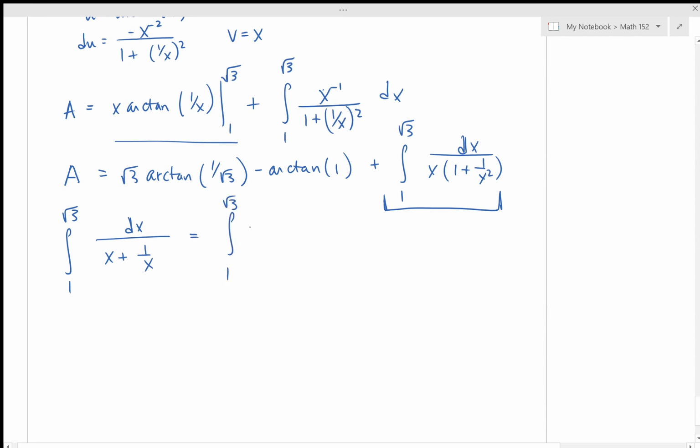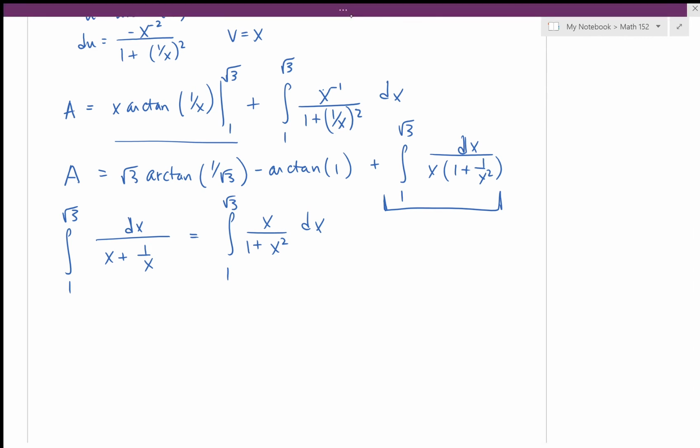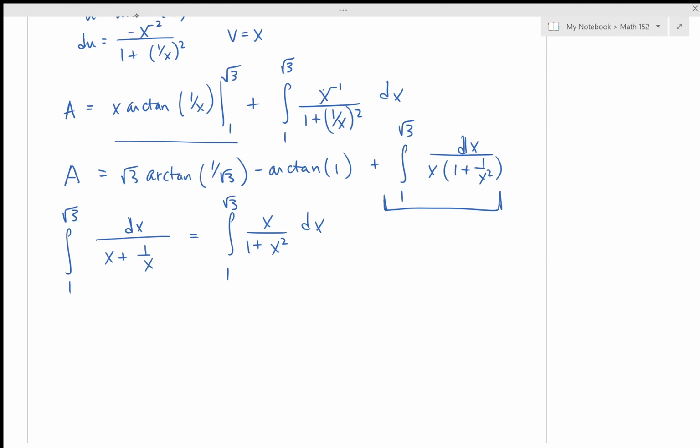I'm going to rewrite this as x over 1 plus x squared dx. Okay, so this is just fraction manipulation. Now I'm not completely done quickly. On the other hand, I can clearly see that the x in the numerator is the derivative, most basically, of the denominator.